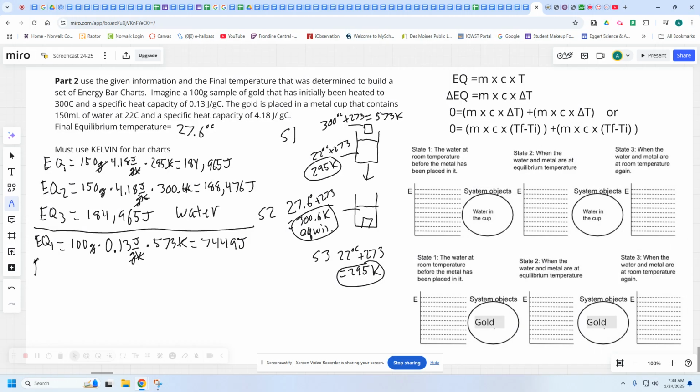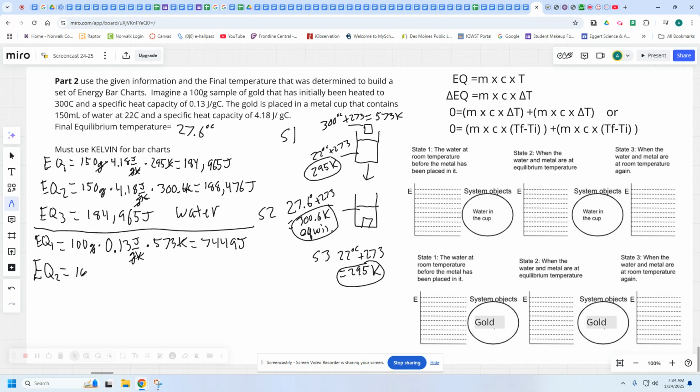Now let's continue on here to get the EQ at the second state, when the gold and the water are at equilibrium. We calculated previously that the gold and the water equilibrium temperature was 27.6 degrees Celsius. We added 273 for state 2, and this one is going to be 300.6 degrees Kelvin.